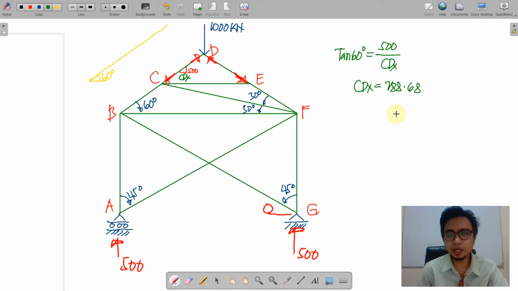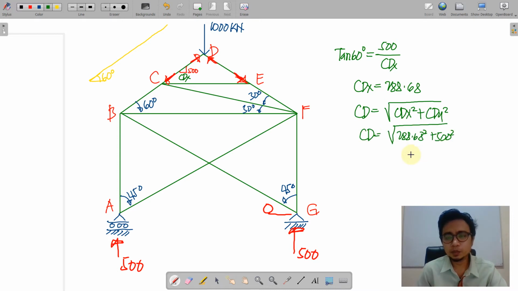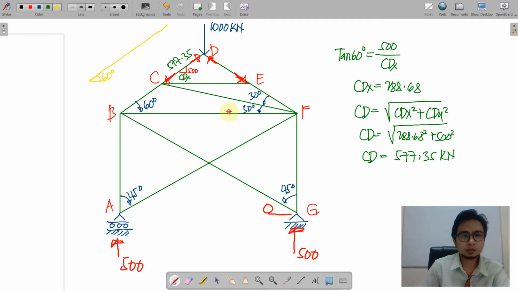So CDX is 288.68. By this, we can also obtain the value of CD. We just apply the Pythagorean theorem. Hence, we obtain 577.35 kilonewton for CD. By symmetry, we can also say the same for DE.